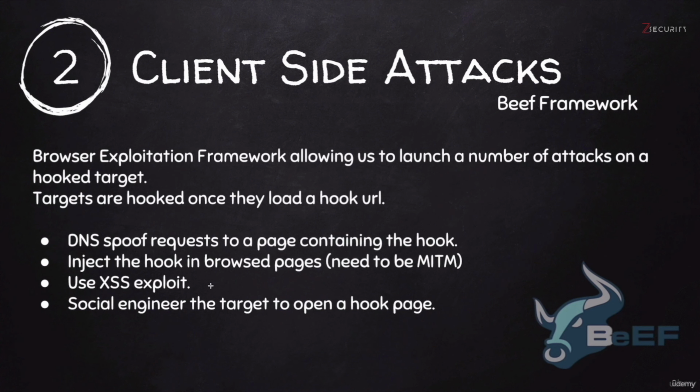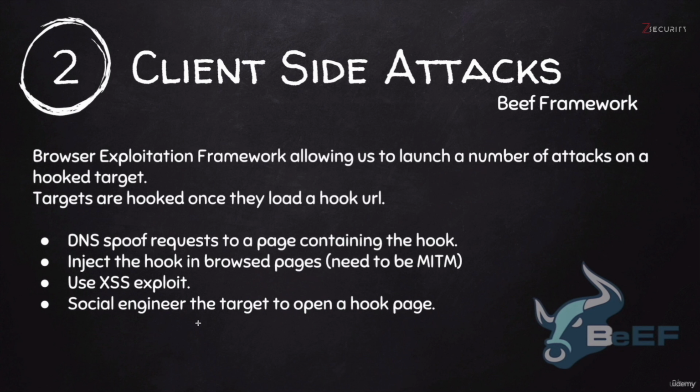You can also exploit an XSS vulnerability and inject this code in a vulnerable web page, and you will learn how to do that in the website hacking section. Or you can use social engineering and social engineer a target into loading a web page that contains our hook code. So all you'll need to do is think of a way to get a target to load a page that contains the hook JavaScript code.